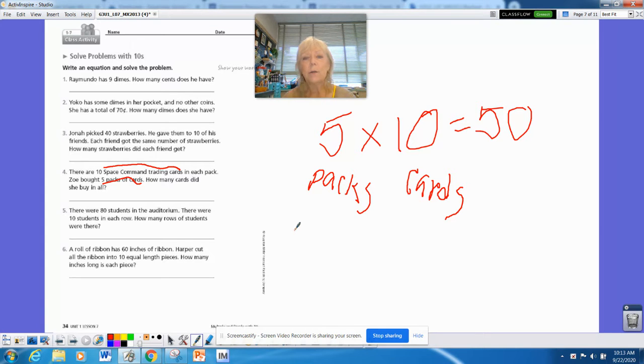And so what happens, though, if I wrote something like this, 5 times 10 equals, and I'm just going to use the letter T. What's T stand for? It's not a number, but it's called a variable. And so that letter is like a little placeholder.